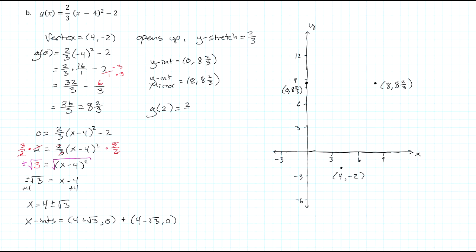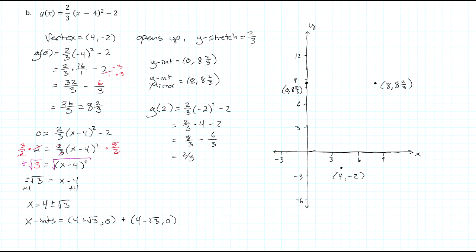G of 2 equals 2/3 times 2 minus 4 is -2 squared, and we'll subtract 2 from all of that. This is 2/3 times 4 minus 2. 2/3 times 4 is 8/3 minus, I want a common denominator of 3, so that needs to be 6/3. 6 over 3 is 2. So this equals 2/3. That's not bad.